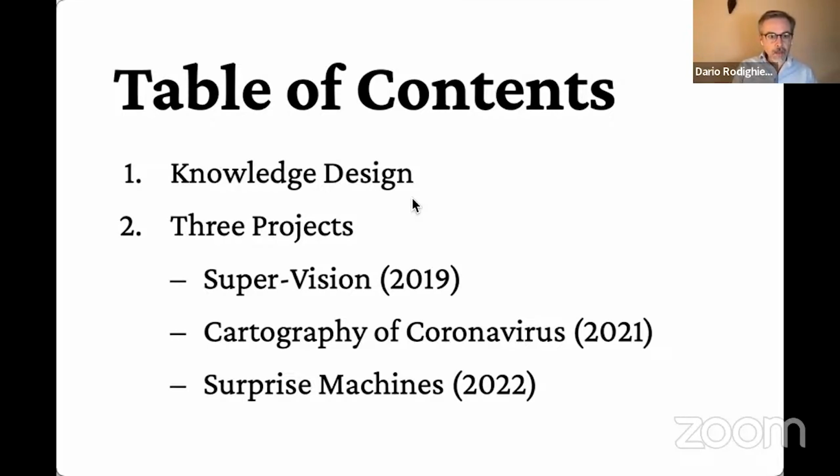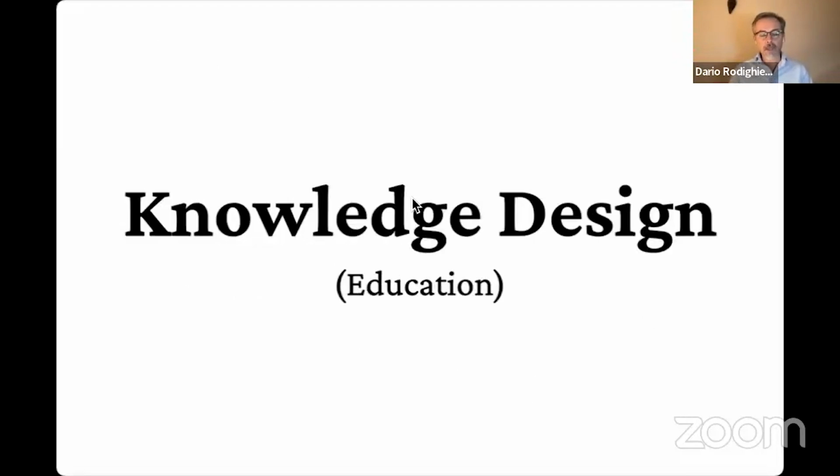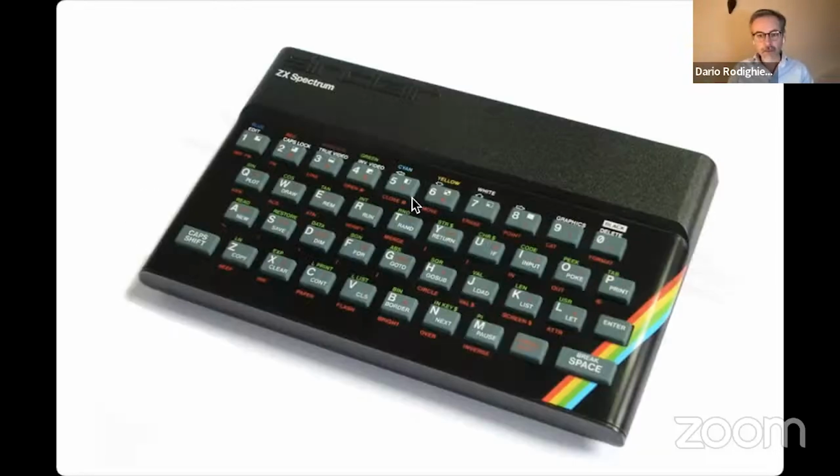So let's start with the part on knowledge design and education. How did I start? My father bought me this personal computer. So I started coding when I was very young, of course very basic stuff in BASIC.